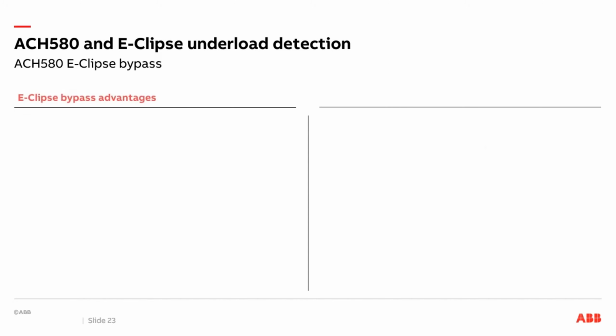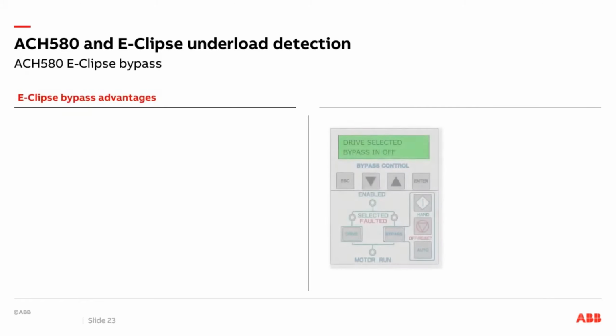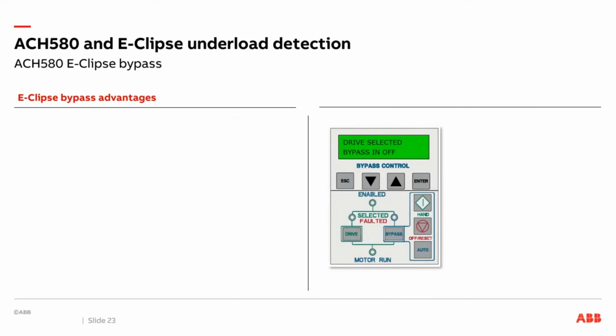Before I discuss the bypass underload or user load curve, here are some of the highlights of the Eclipse. We like to call this our smart bypass. At startup, all motor and overload data was entered into the ACH580 and stored.